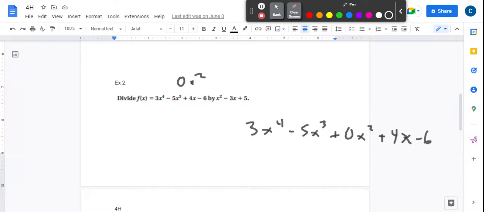Now, we're going to do long division the same way we do long division with numbers. If we do 81 divided by 3 or something like that, first we say, okay, 3 goes into 8. How many times? 2 times, right? 3 times 2 is 6. 8 minus 6 is 2, and then we bring the 1 down, okay?